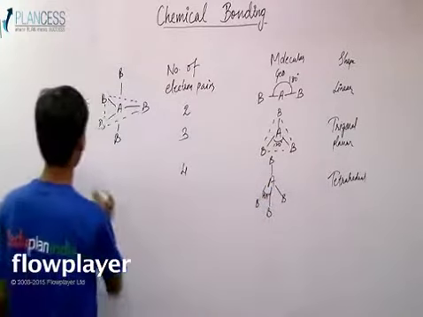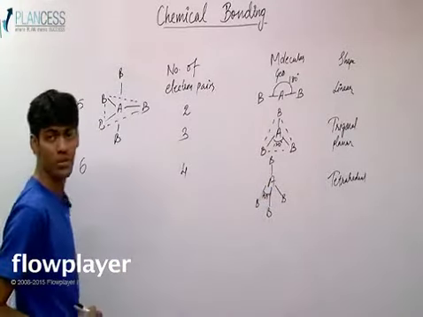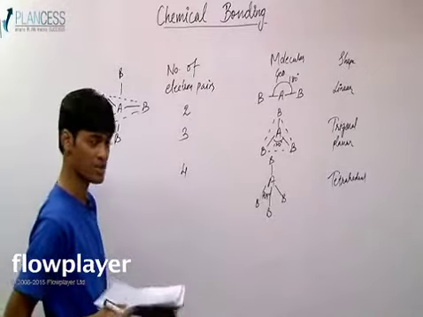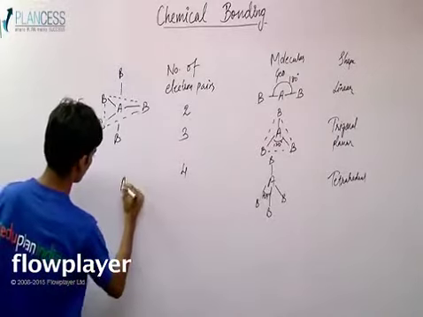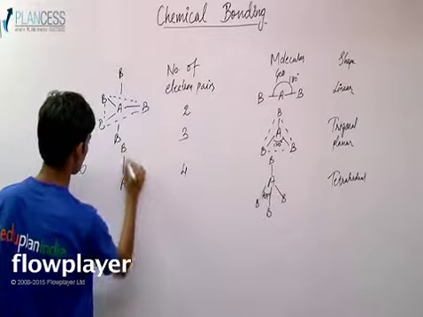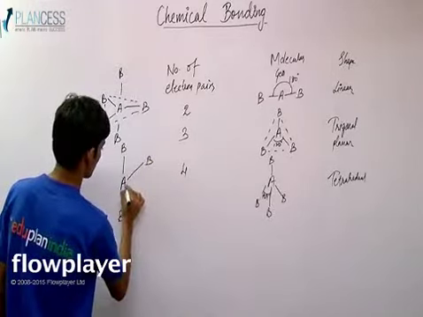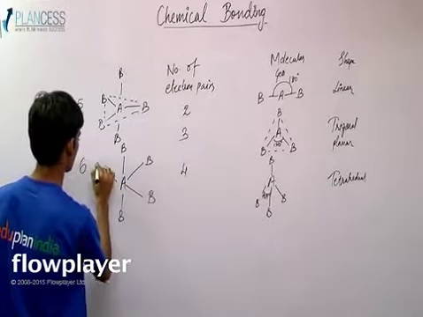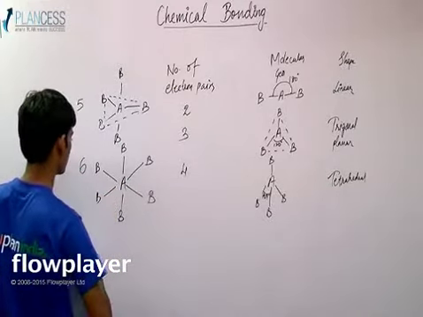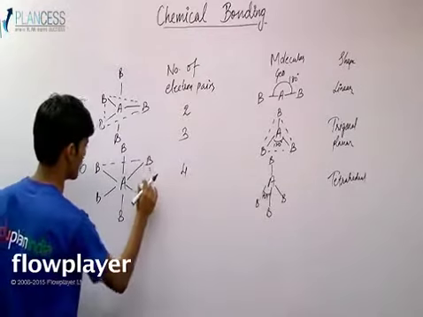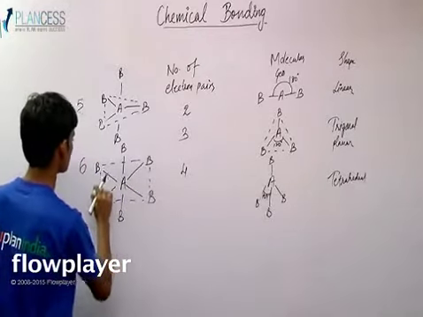The other one is if the number of electron pairs is 6, then it would be octahedral in shape, that is, it would be A here and B and B, and there would be 4 in here, something like this, and this would be in the same plane. These four B orbitals will be in the same plane.